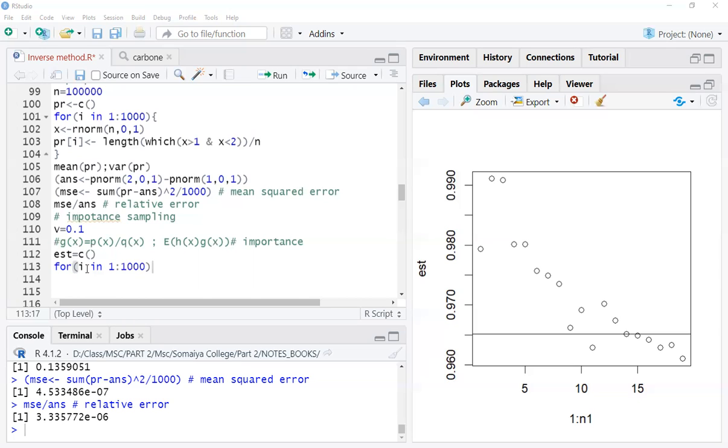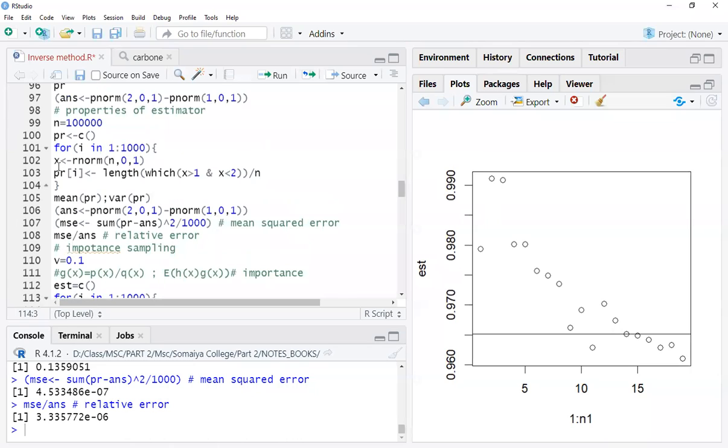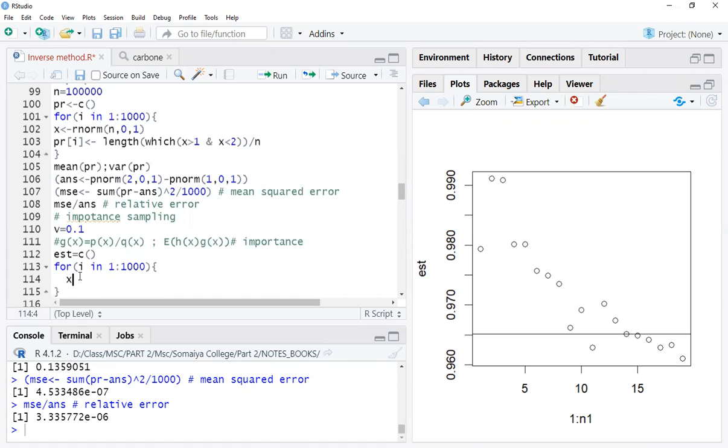So we are generating the 10,000 or 1,000 observations. So we are creating a loop here, right? For i running from 1 to 1,000, and now here I'm defining this particular function. The function will be approximately the same function, which is this one, with a slight change in this case. What will change here? Can anyone suggest?